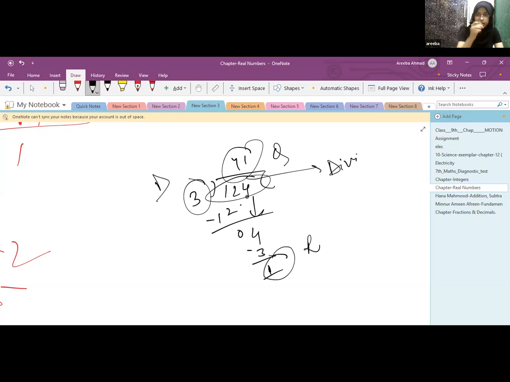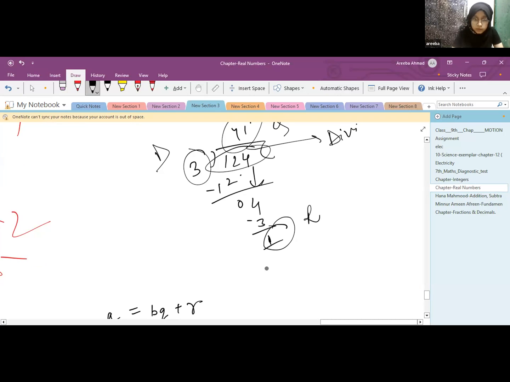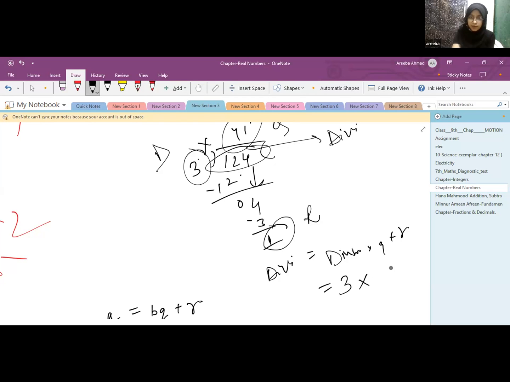So now if I write it in this form, dividend must be equal to divisor into quotient plus remainder. Check it. What is the divisor? 3. Multiply by quotient 41 plus remainder 1.